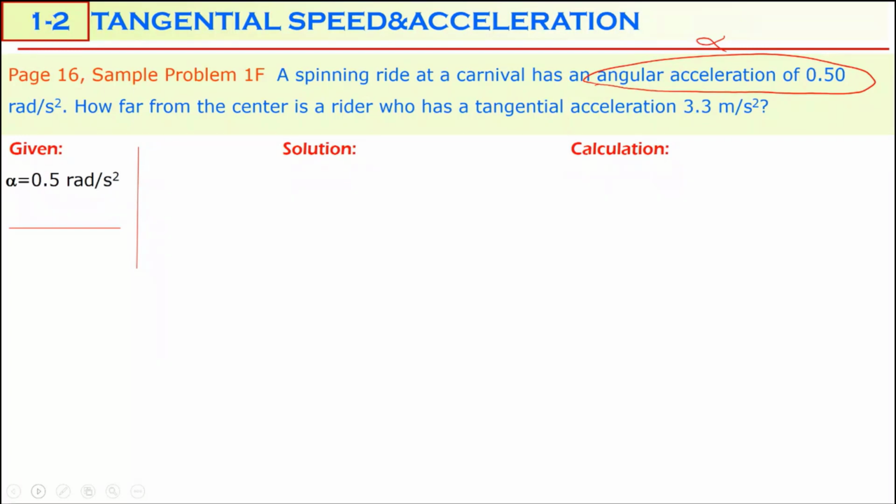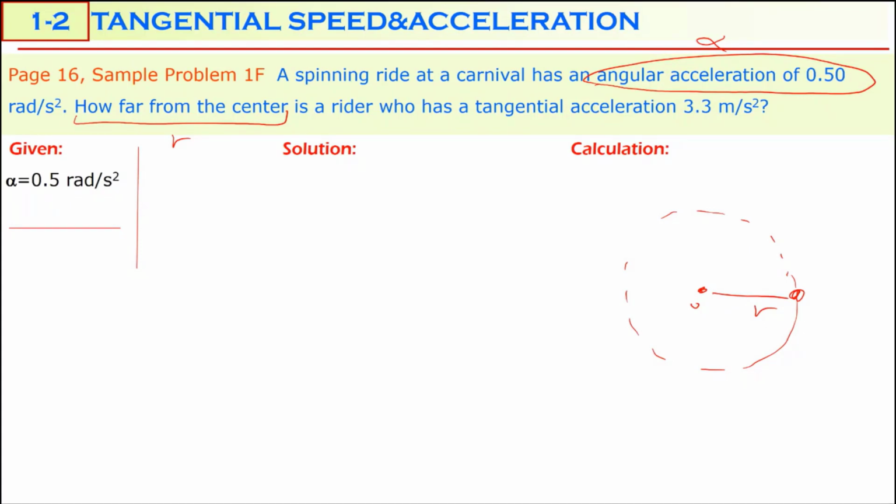How far from the center is a rider? How far from the center is defining what? Radius, of course. So this is the center, and a ride is moving on a circle. A ride can be a horse, for example. How far from the center means radius. Calculate the radius.